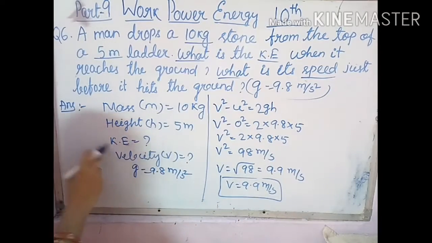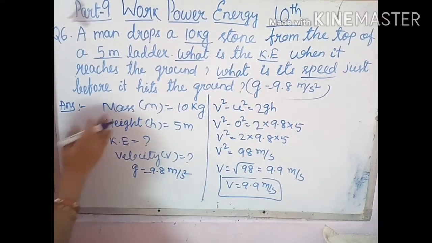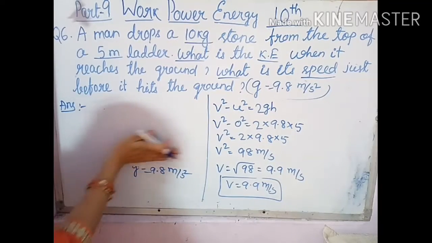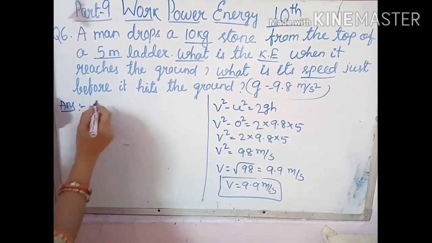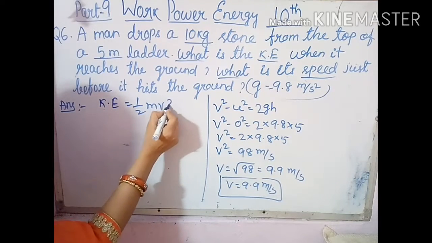Now go to the first part. It is asking the kinetic energy. For that I will drop all these things. Kinetic energy, as you know, is half m v square.